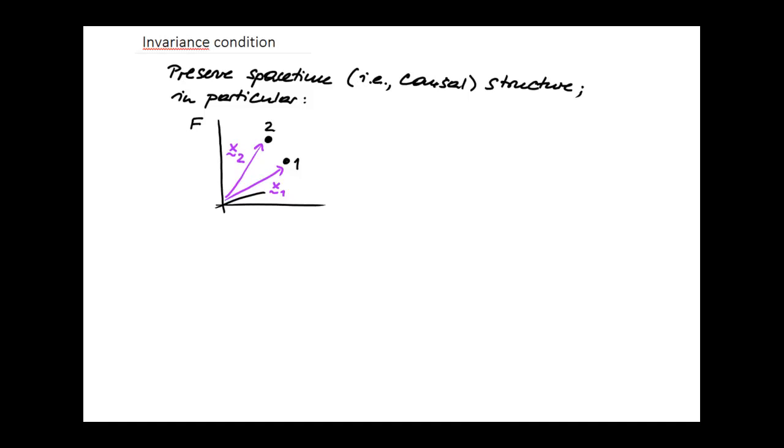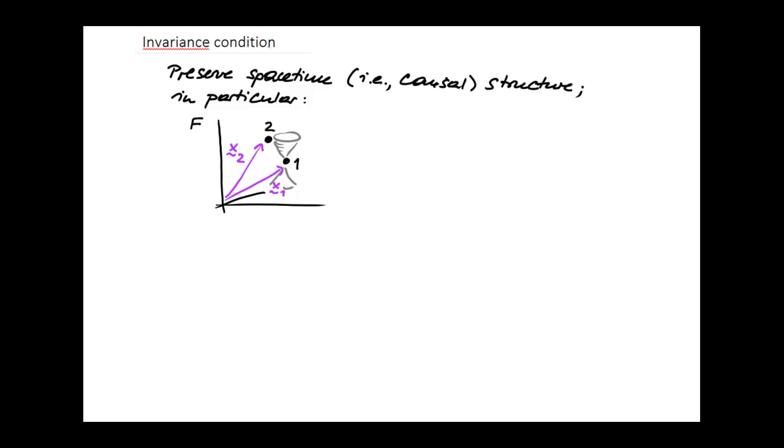And these two events have or have not a causal relationship. So we can draw, starting from event number 1, past and future cone. All events inside the cone have a causal relationship with one. Events outside the cone do not.